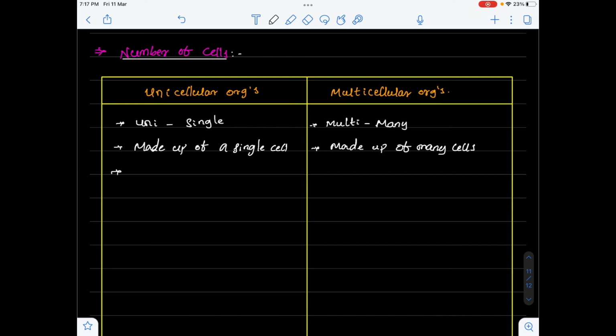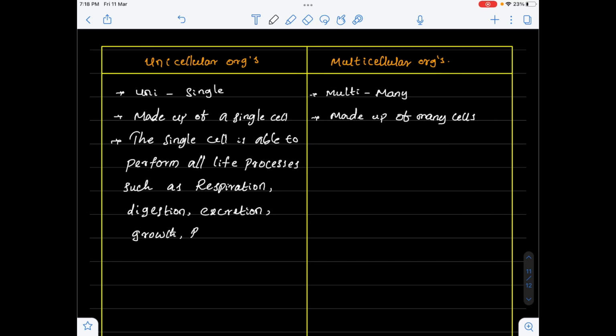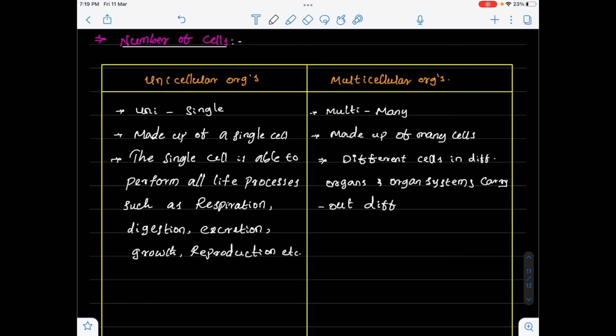In unicellular organisms, the single cell is able to perform all life processes such as respiration, digestion, excretion, growth, reproduction, etc. All these life processes are carried out by a single cell. But in multicellular organisms, different cells in different organs and organ systems carry out different functions.